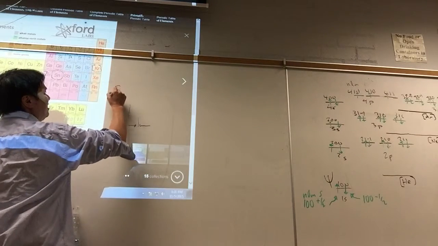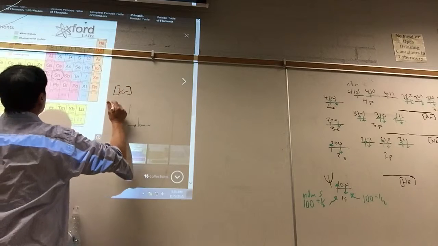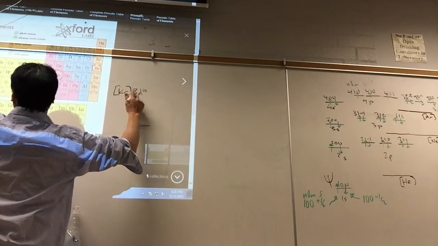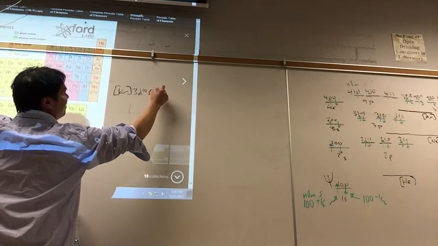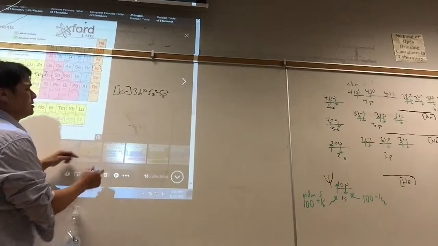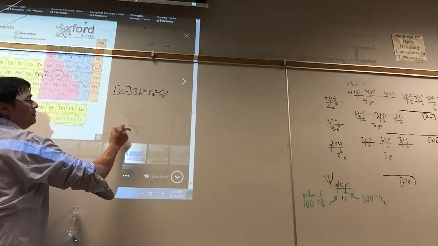And so the easiest way to write this is krypton. We're going to write it 4d10, just in numerical order, 5s2, 5p2. But it would look like this because, when we fill these, the 5s would be here.